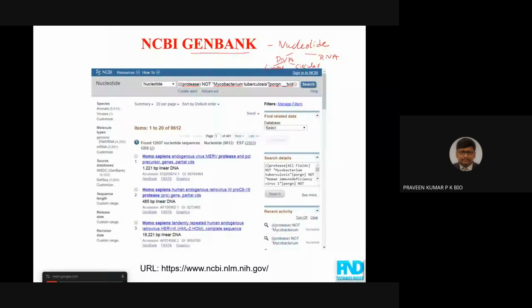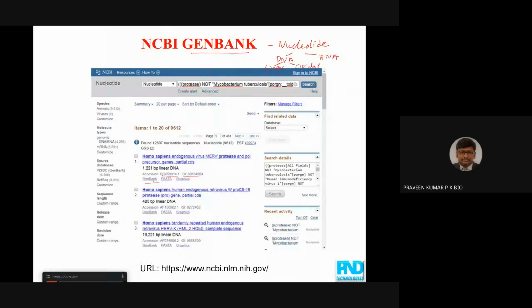Similarly, if you want to search proteins instead of nucleotides, we have to click protein and type a keyword like a protein name. Whatever protein name you can give, you can also give that as a keyword for searching the nucleotide. If you want to fetch a DNA or RNA, you can provide that. Or else we can provide key identifiers like the accession number and the GenInfo ID. The GenBank accession number, and the GenInfo ID is another ID.